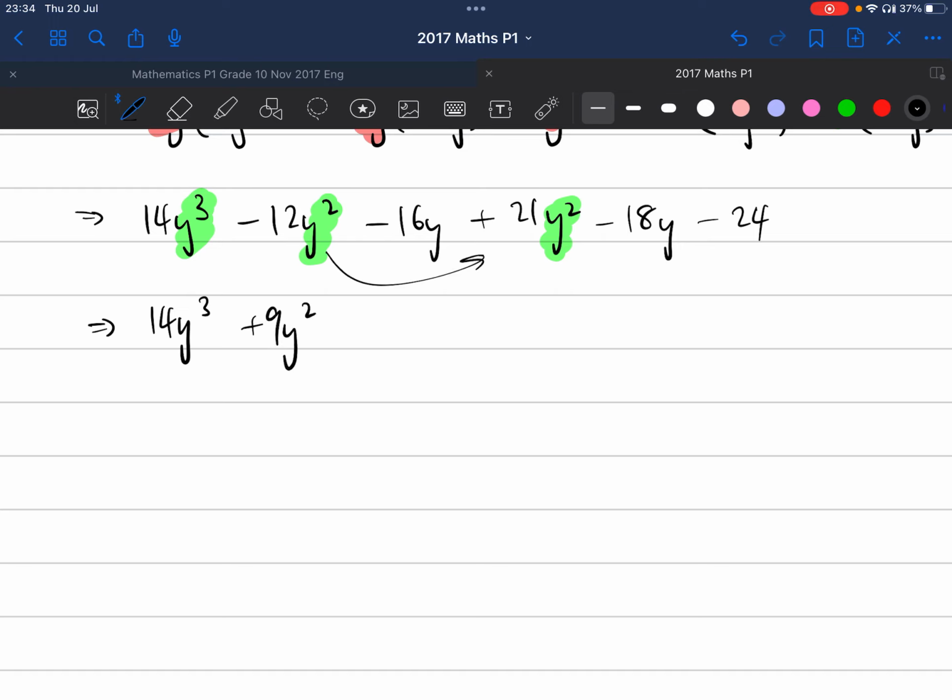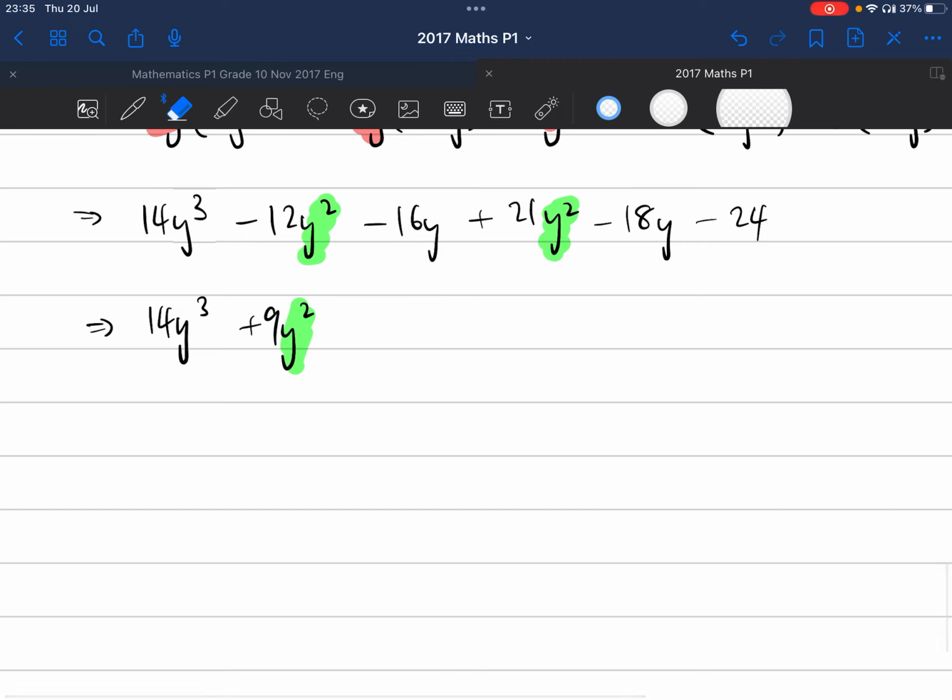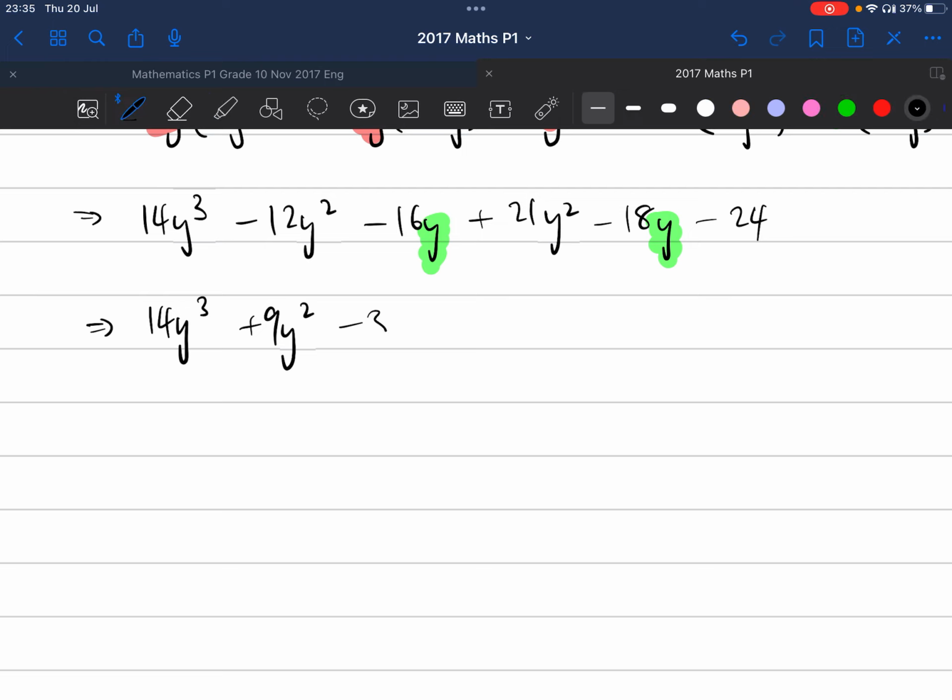So you can see we just took those two because they were like terms. They had the same variable, this y squared, and then we added them together. Now let's move on to y. Here we have minus 16y and minus 18y, and if we add those together, we get minus 34y.